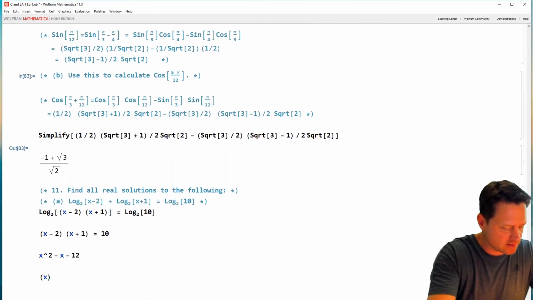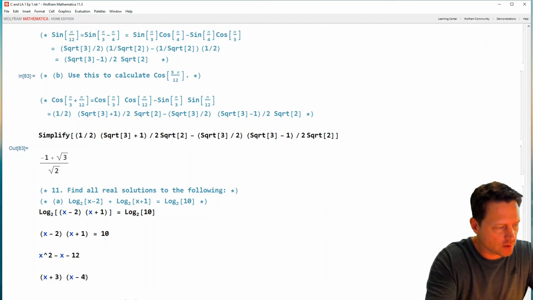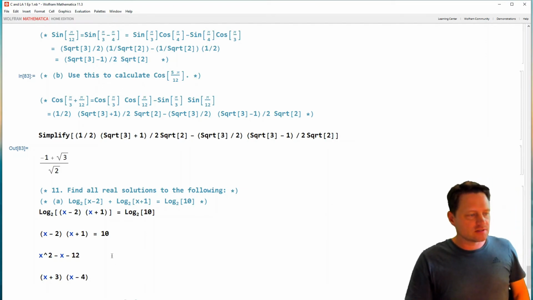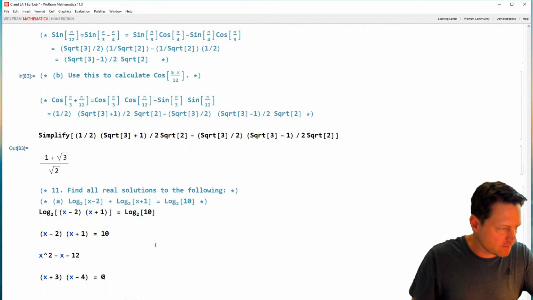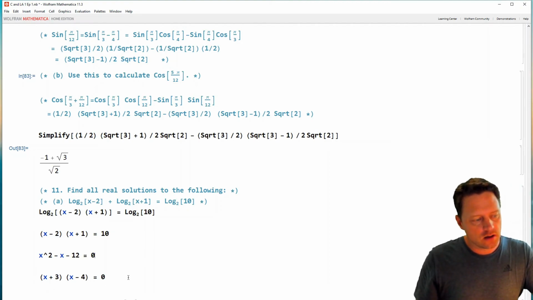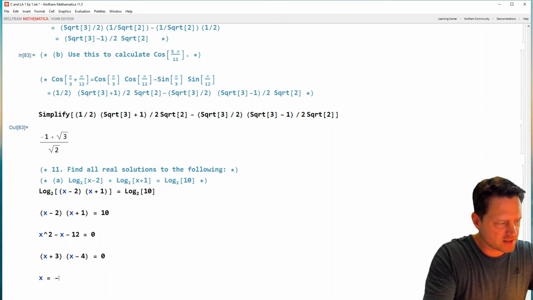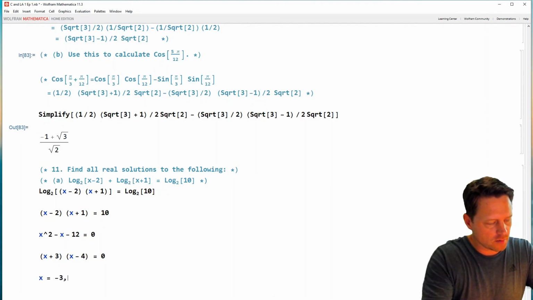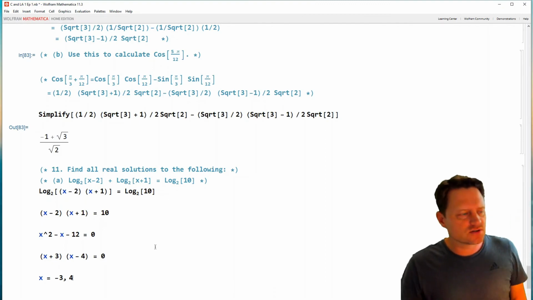So we'll have x plus 3 and x minus 4 multiplied together to give this quadratic here, and so this is equal to 0. Likewise, this one was equal to 0. Okay, so that gives us two real solutions. x is equal to minus 3 or plus 4. Okay, so there are two real solutions there.